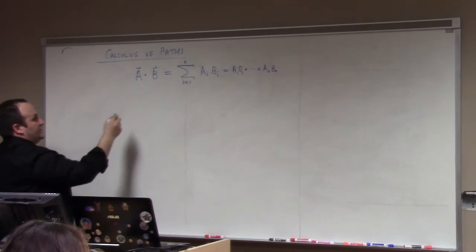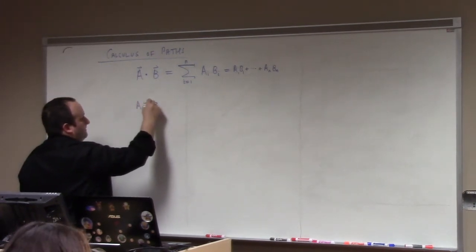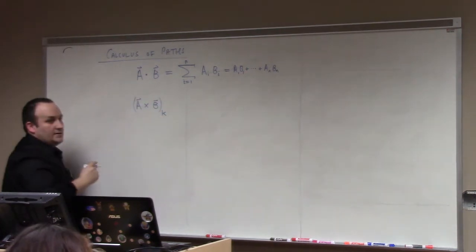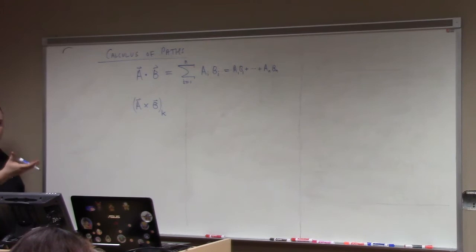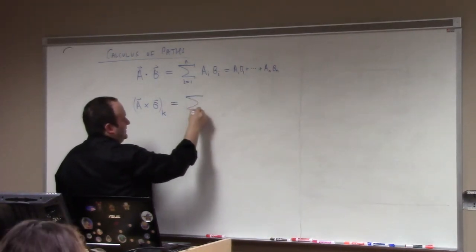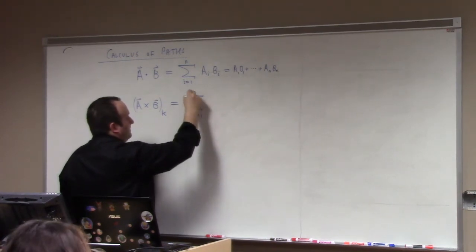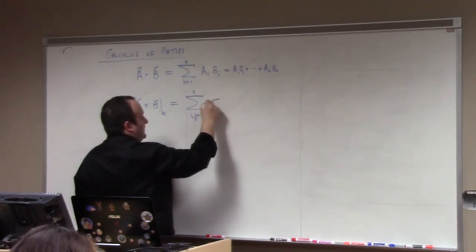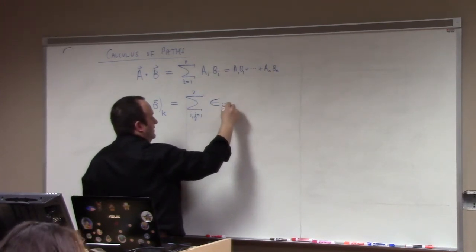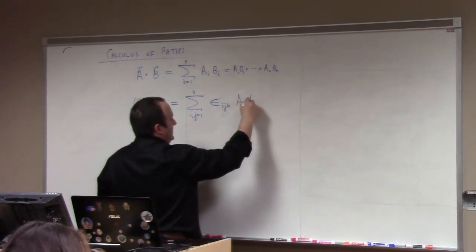The other shorthand, which is really quite beautiful, is for A cross B. A cross B is a vector, right? The kth component of that vector is given by the sum over i and j equals 1 to 3, of course, of what's called the Levi-Civita symbol, epsilon i, j, k, and then you've got yourself an A sub i and a B sub j.